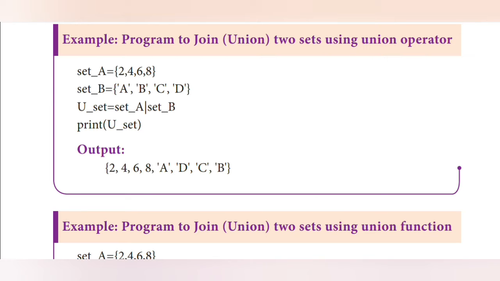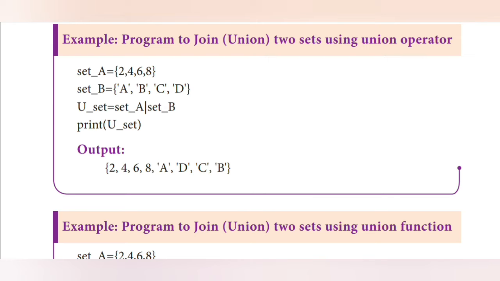Here the pipe is used to mention the union operation, and set_A and set_B are the variables used to store the set data. So we join them by using the pipe symbol. Print U_set. Now you can see the output: 2, 4, 6, 8, A, D, C, B. The two sets are joined together and we get a single set.